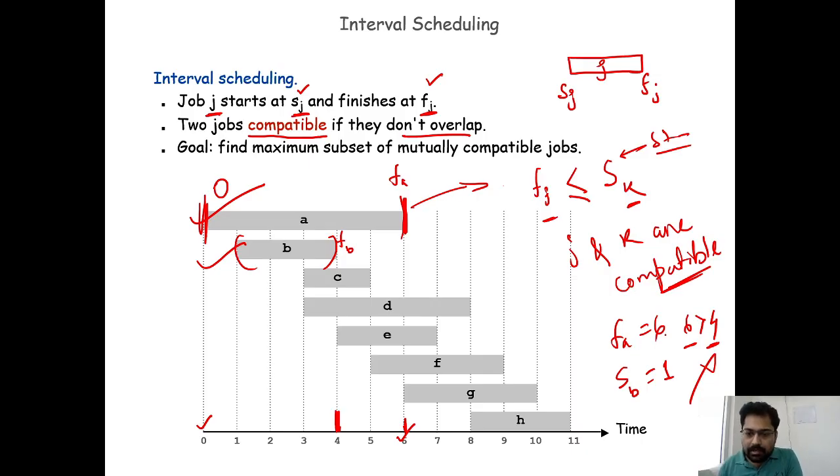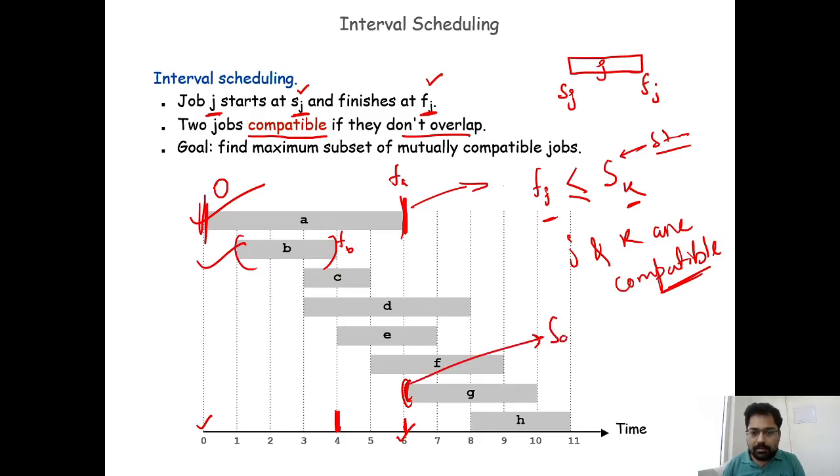F of a is 6, s of b is 1, so we know 6 is greater than 1. Though it is greater than 1, we cannot say they are compatible, they are not yet compatible. So we can say it is compatible if you can check here, this could be a proper example. This is s of g. Why? Because g I have taken as a naming of this one.